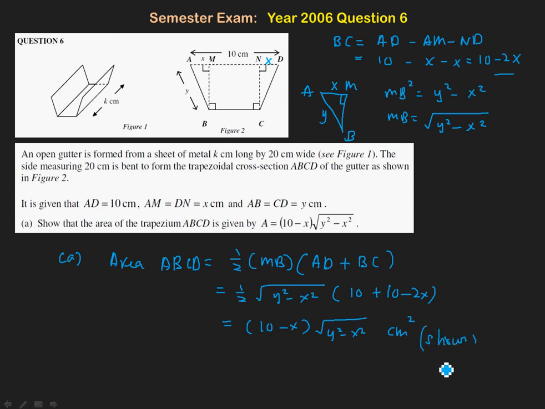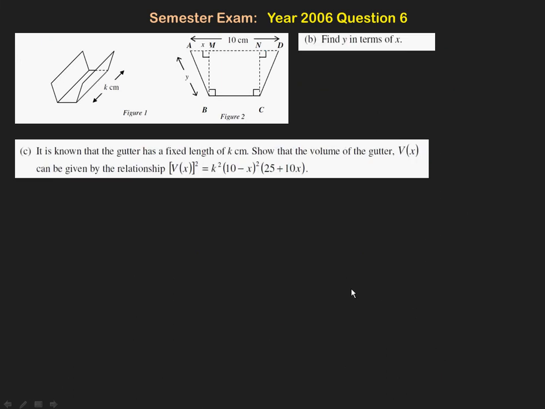Right, now moving on to part B. Now find x in terms of y. Now what can we use? We do know that AB plus BC plus CD is equivalent to 20 cm. This is the condition given earlier.